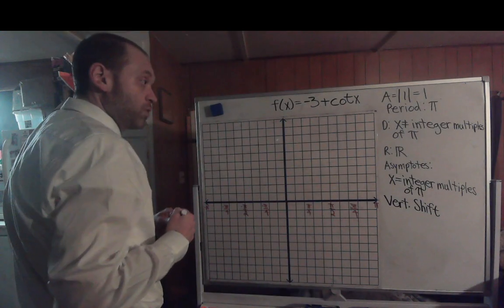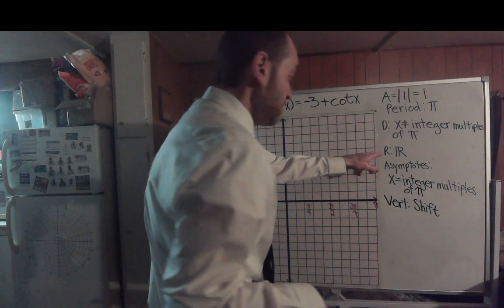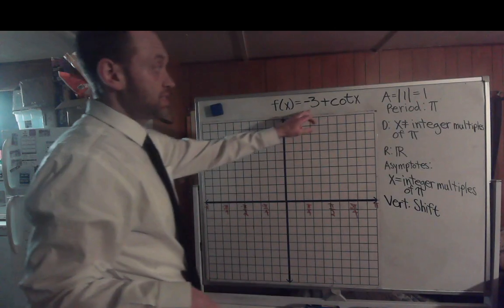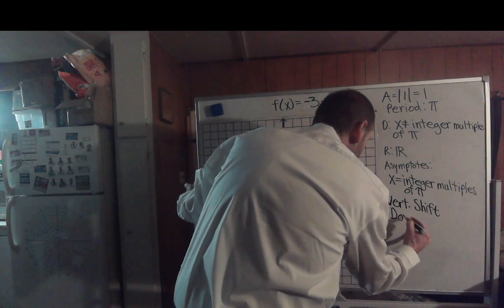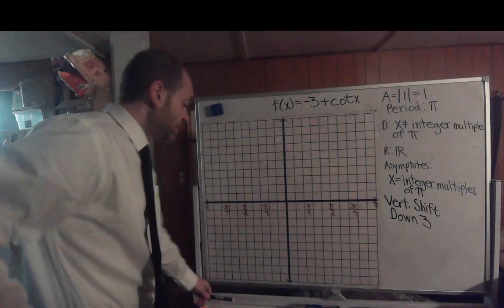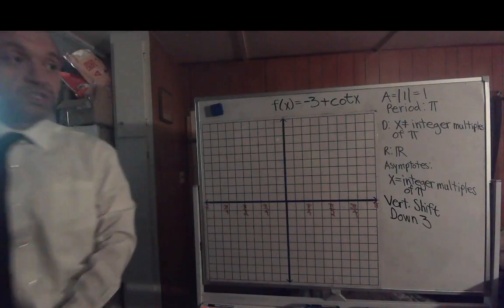Alright, your range still stays the same, all real numbers. Now that plus the negative 3 means a vertical shift down 3. So everything's going to shift down 3 units. And then we'll label the asymptotes and we should be good.